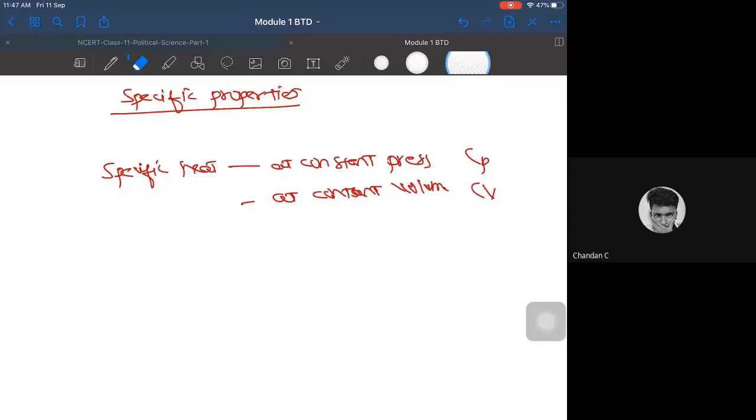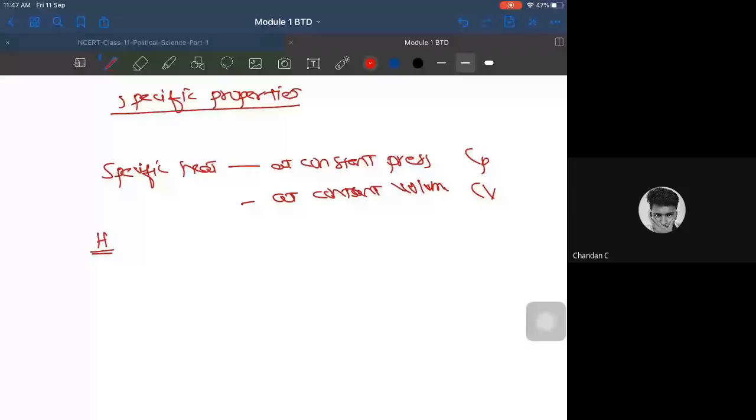So I was discussing what are the specific properties here. Specific properties are nothing but, let me define you a new property, which is H. What is H? H is defined as enthalpy. Again, what is enthalpy? Enthalpy is nothing but the total heat content of a body.